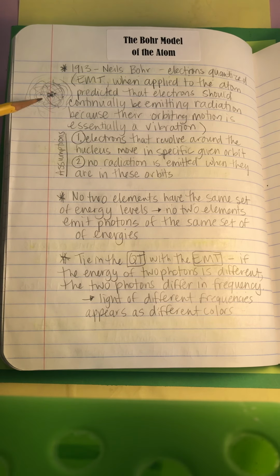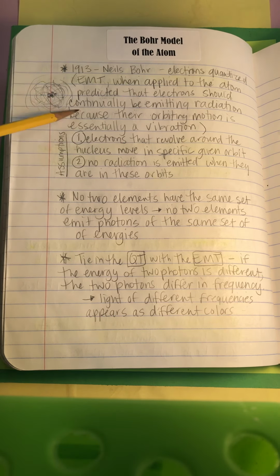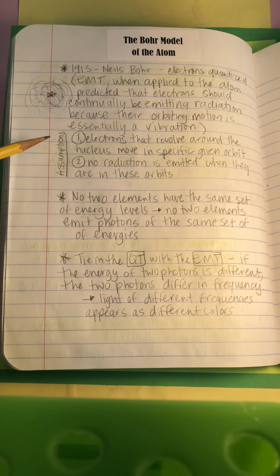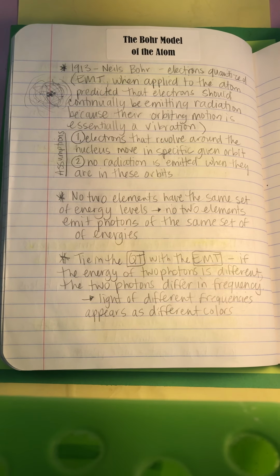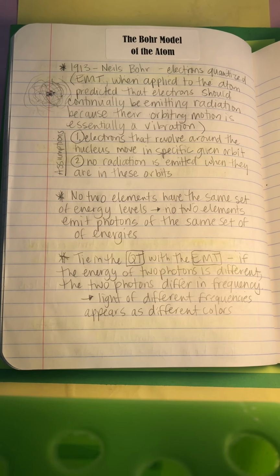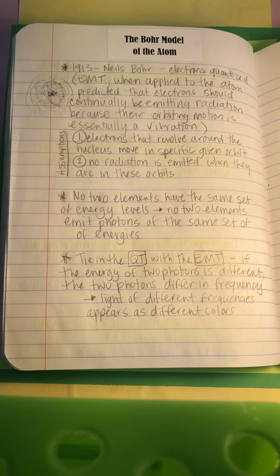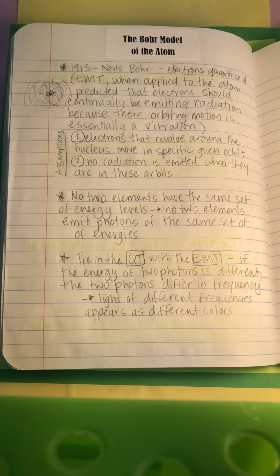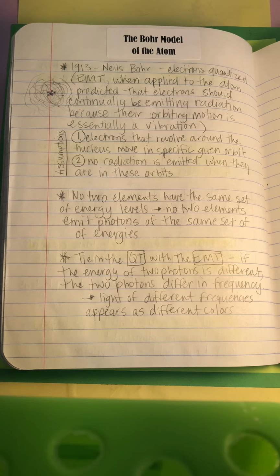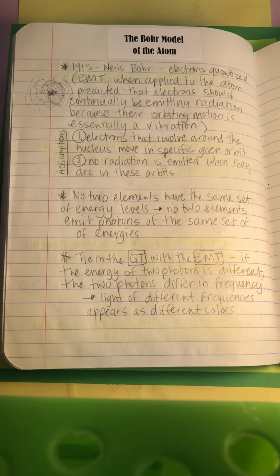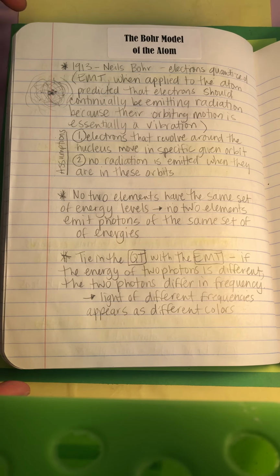And when they are in their specific orbits, not just this random vibration and rotation, no radiation is emitted. When they're in their evened out orbit, that's where they belong. It's nice and even, it's balanced. But if they are bumped out of that area where they belong, then they're going to want to get back to their area where they would be considered stable.